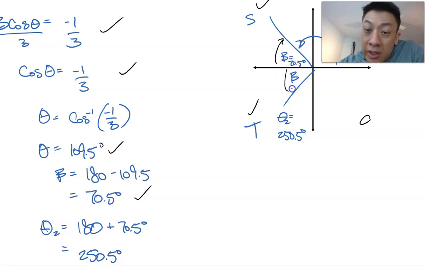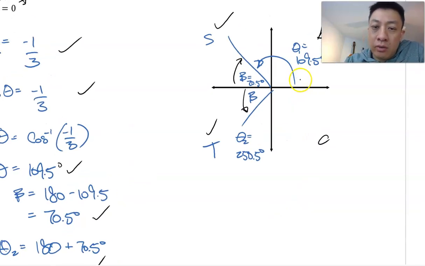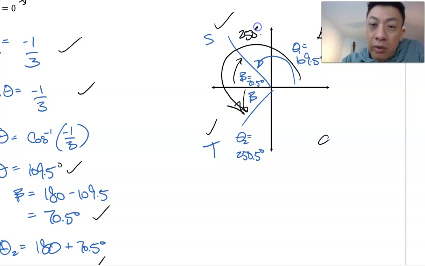Good. And I can also throw that 70.5 degrees on this side too, because I know I'm also going to be in the third quadrant. And if I do that, that'll pump it all the way to 180 plus 70.5, which would be 250.5 degrees. That's my other angle. Full all the way around. This is 250.5 degrees.